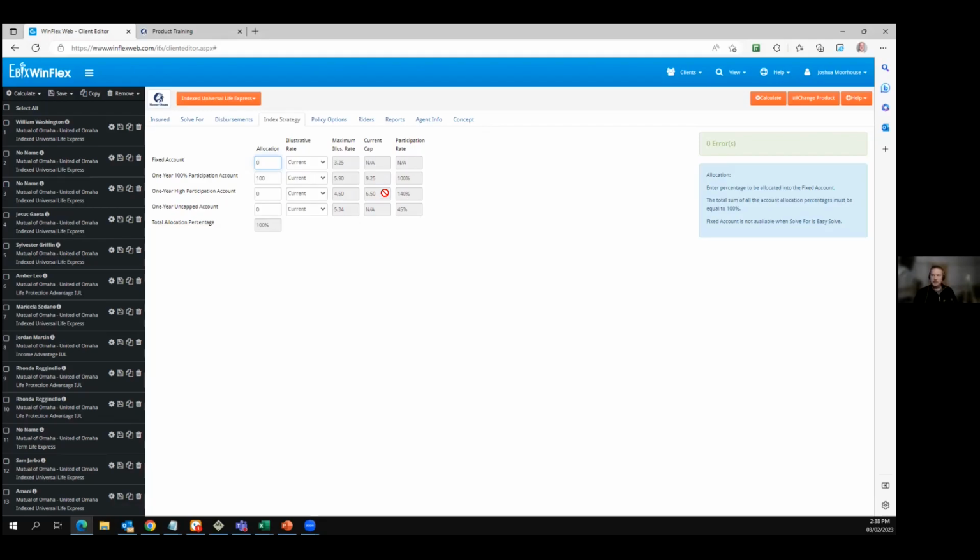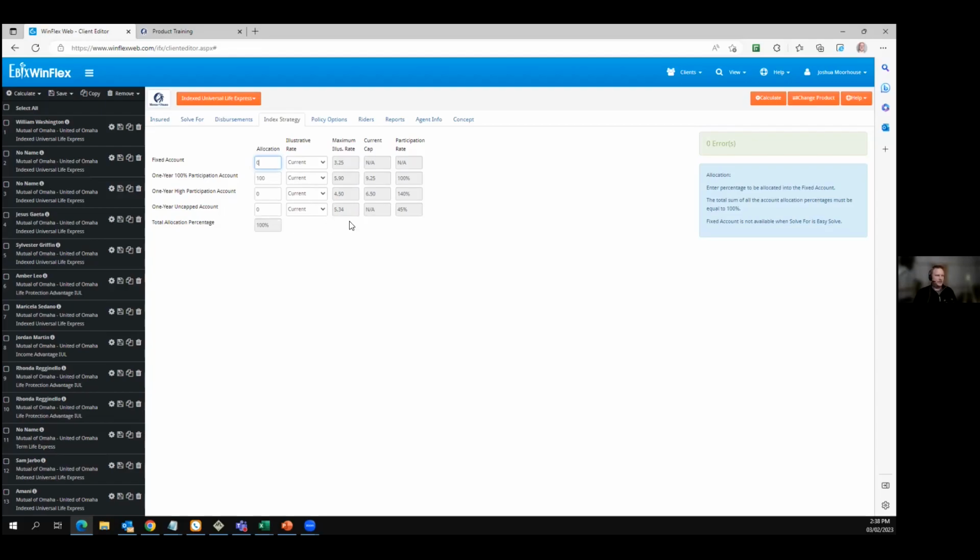It can't go any higher than 6.5, but in a lower year of 3, 4, 5%, it will be a higher return than our 100% participation account. But it averages about 4.5 over the 65-year average we take, versus 5.9 for 100%.